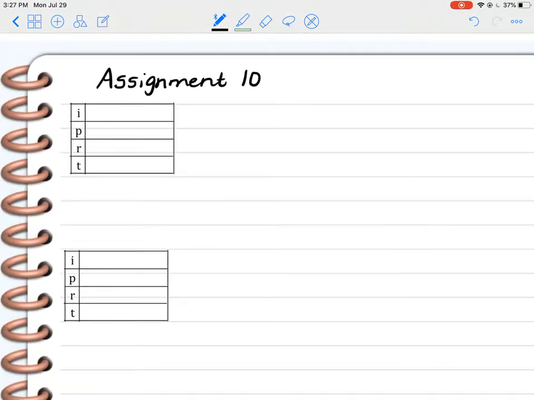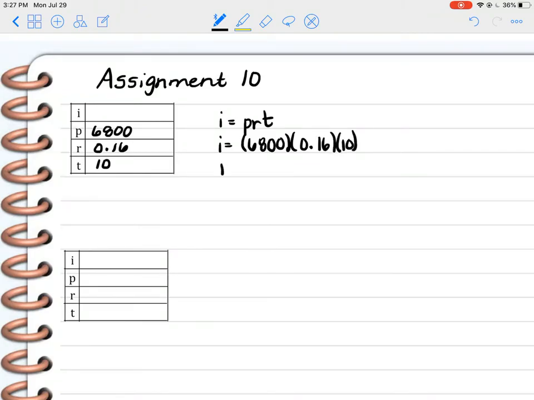So on the first one, my principal was $6,800. My rate was 16%, and the time was 10 years. So interest equals principal times rate times time. This is basically just setting up the same formula, but it's good practice. So I'm following it through.